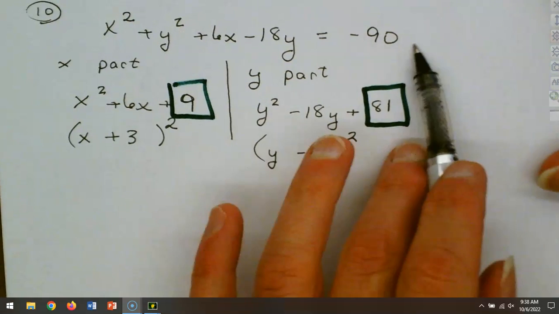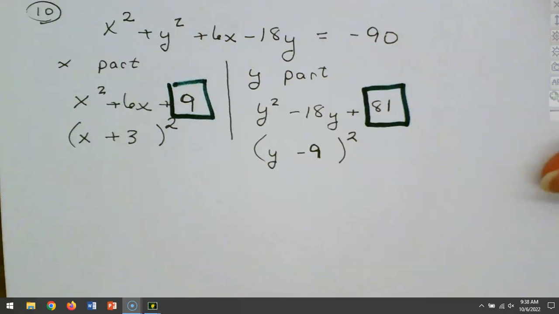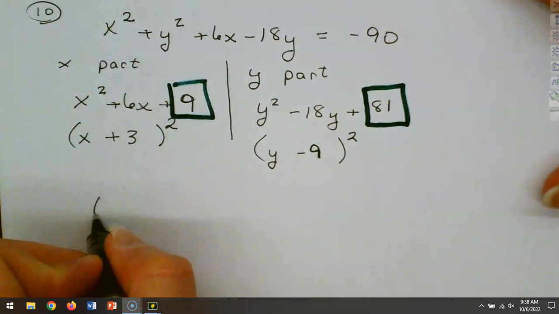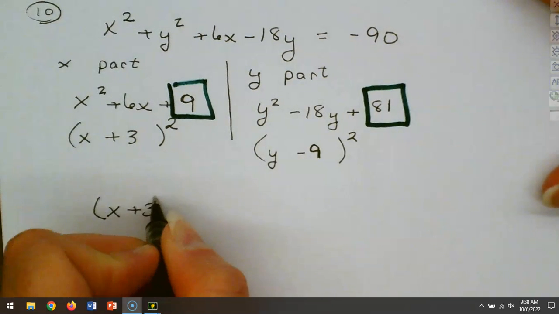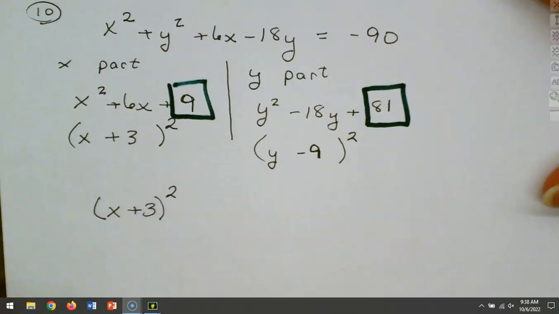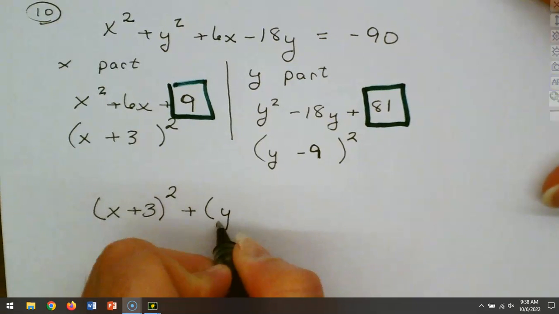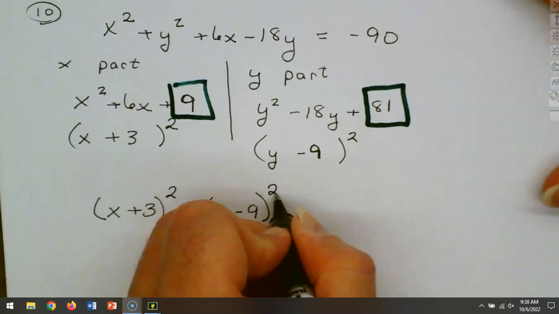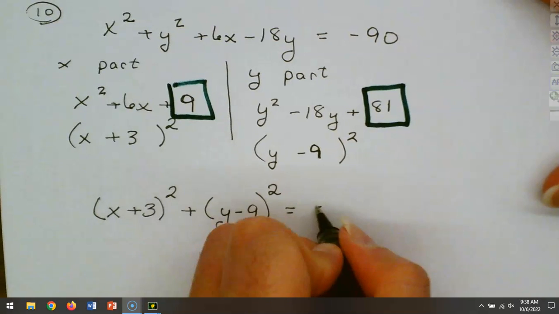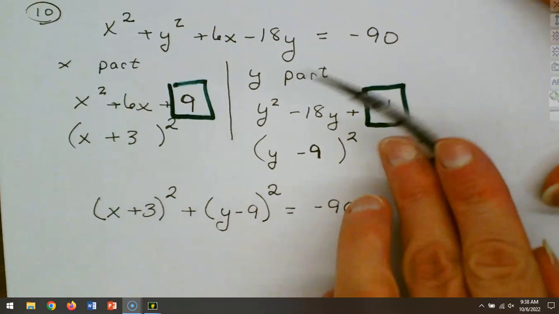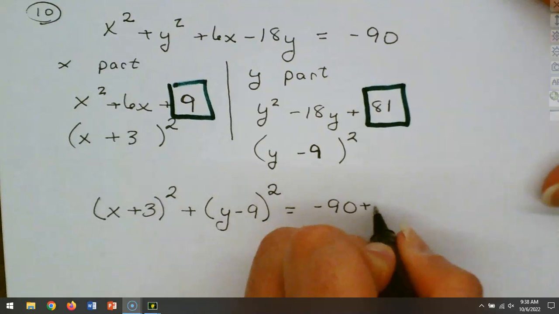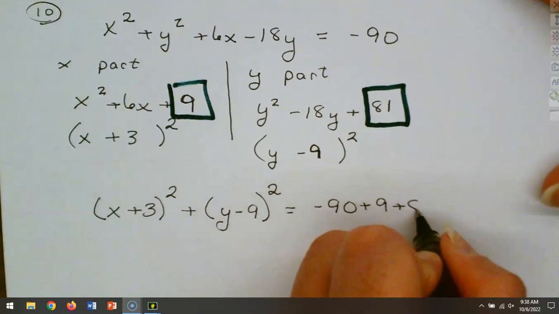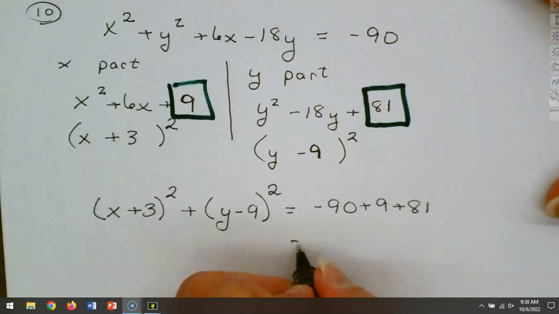Now don't forget about this negative 90 here. So let's rewrite it. And we've got (x plus 3) quantity squared plus (y minus 9) quantity squared equals, we still have our negative 90 from up here. We're going to have to add to that 9 and add to that 81.